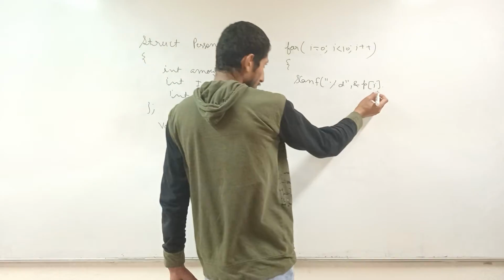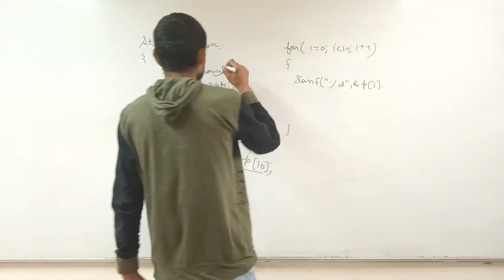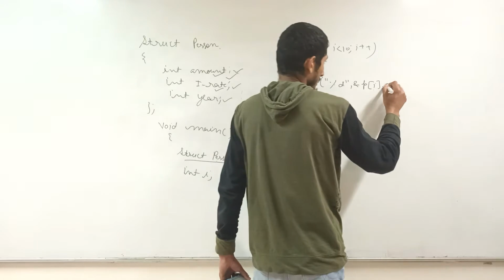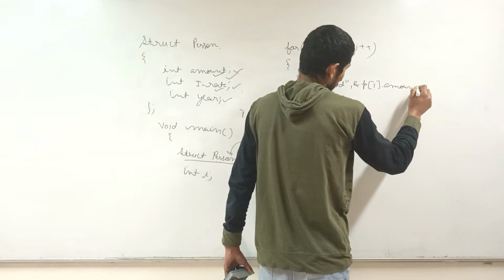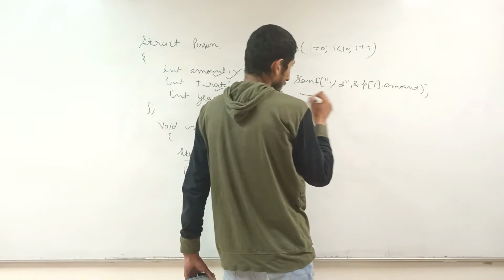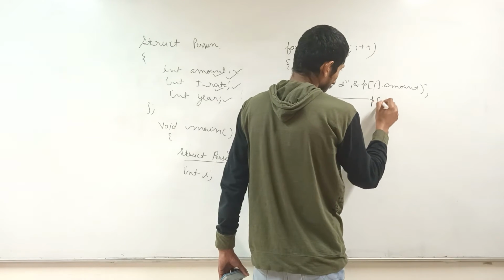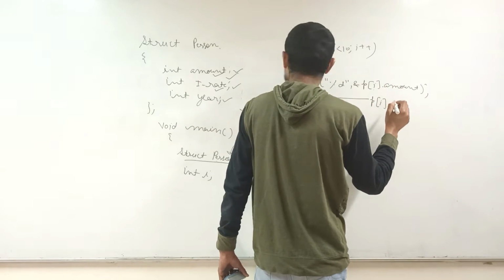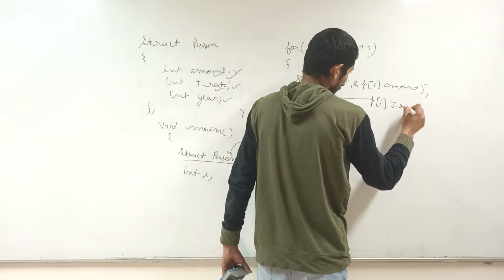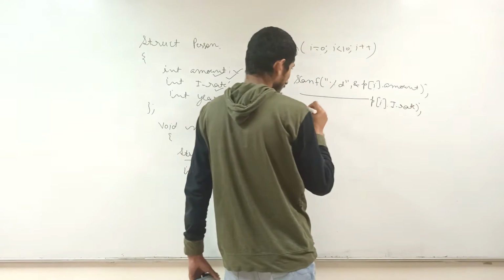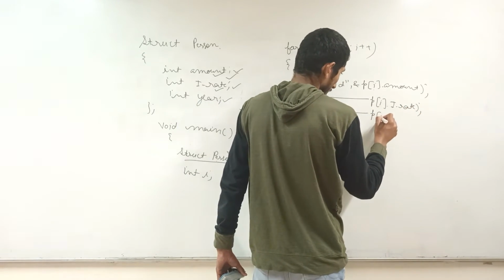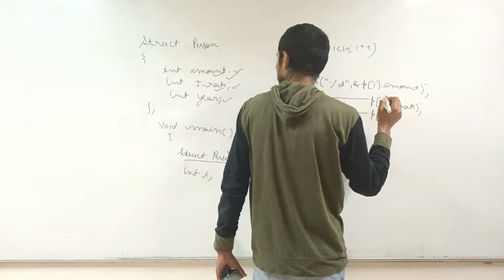So it becomes p[i] dot, the first one is amount, so I can write amount. The second one is the same, scanf p[i] dot interest rate, and third one p[i] dot year.